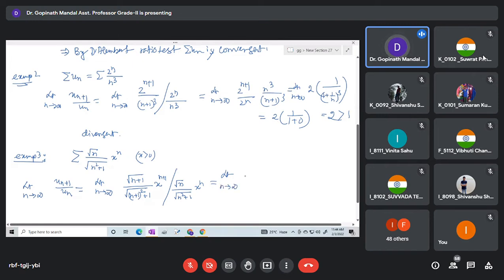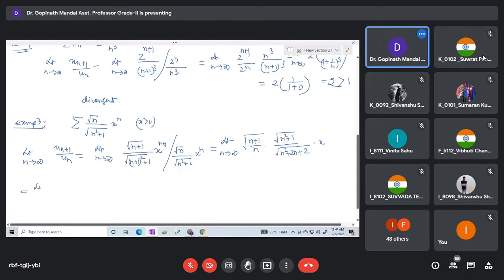As n tends to infinity, this will be root over (n square plus 2n plus 2) by (n square plus 1), into x.